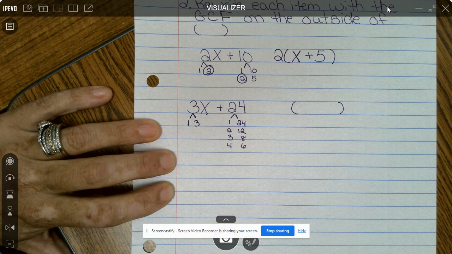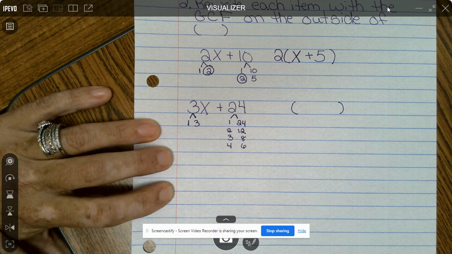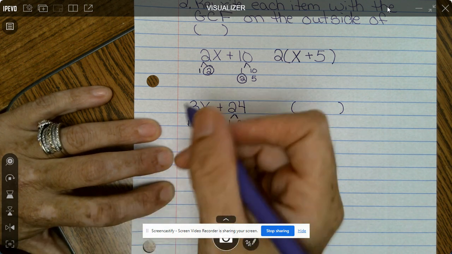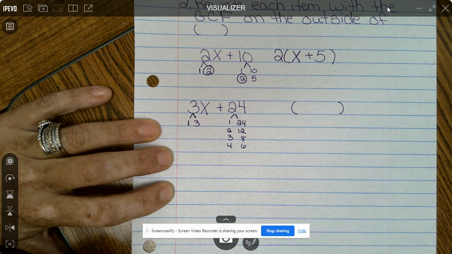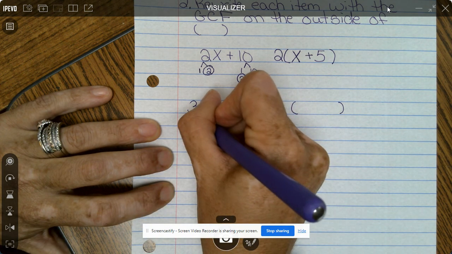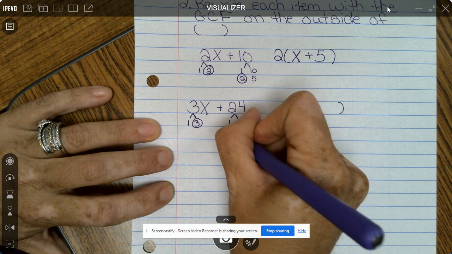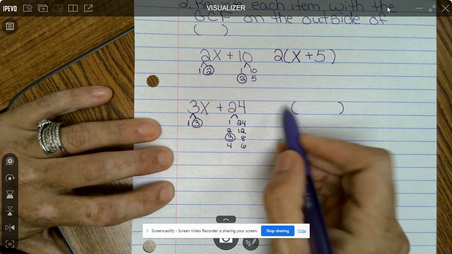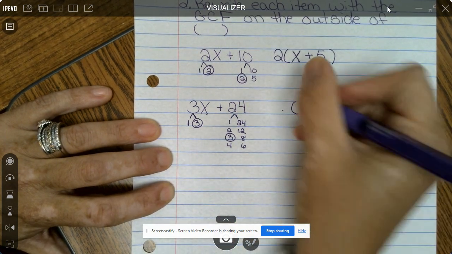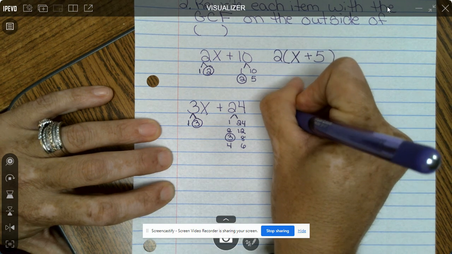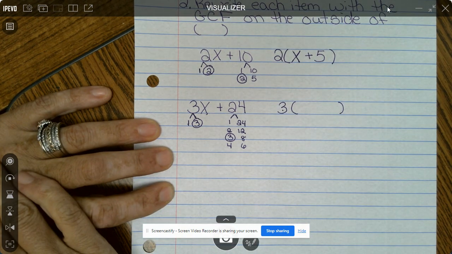So what do you see as your greatest common factor? Do you think 3 or something larger than 3? 3 goes into 3, and 3 goes into 24. So what number am I going to put on the outside of my bracket? Okay. So 3x divided by 3 is what?